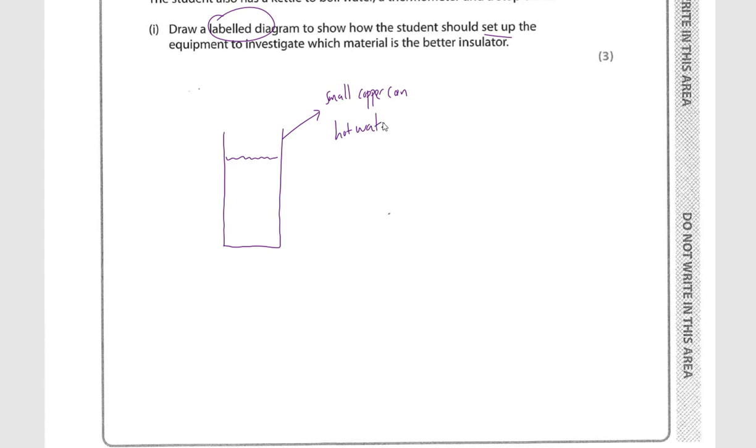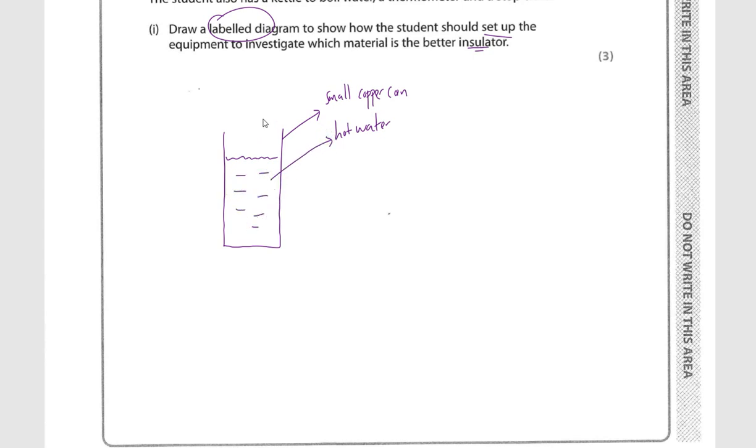Now, why hot water? Because we want to know which one's an insulator. Now, an insulator is a material that allows heat to stay in, or allows heat to not be lost. So hot water.